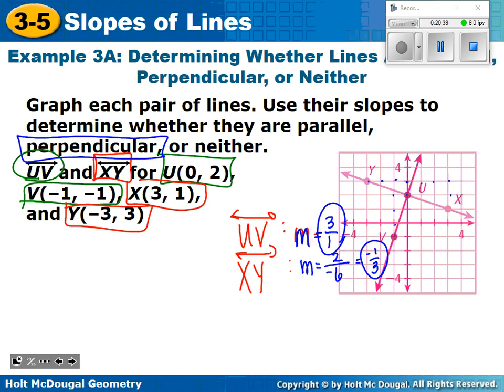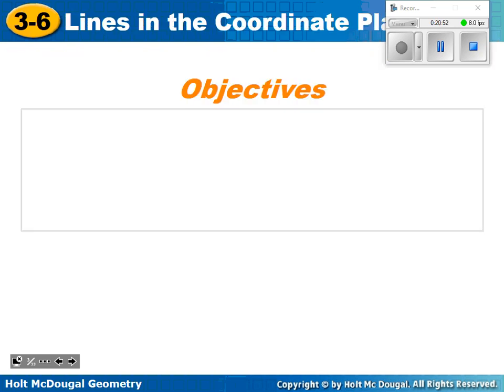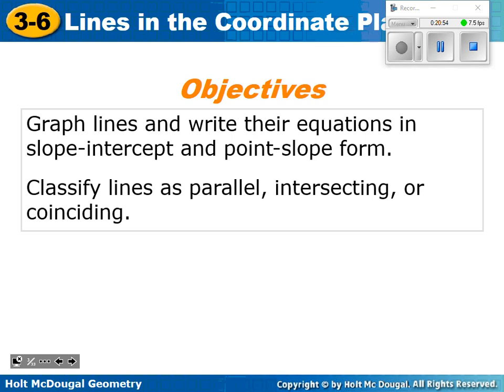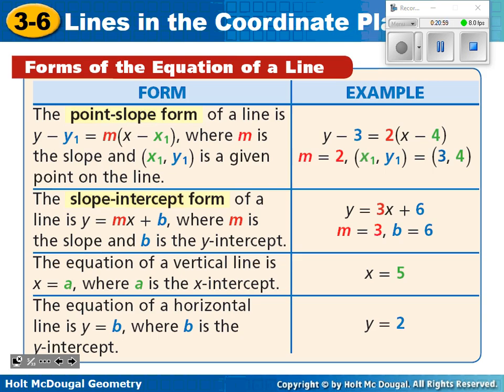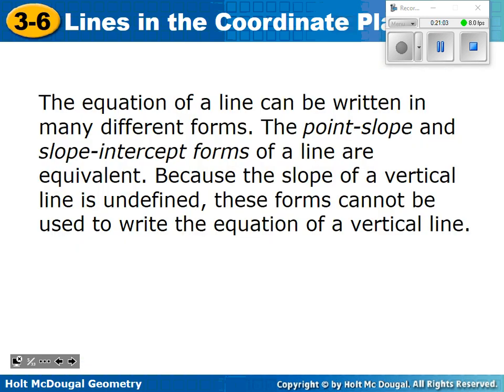Okay? All right, so in the notes, here we go, 3-6. Again, I'll go pretty fast and then give us some time to copy it. I'm going to go pretty fast, so please make sure you're listening. All right, so we said there's two forms, point slope and slope intercept form.